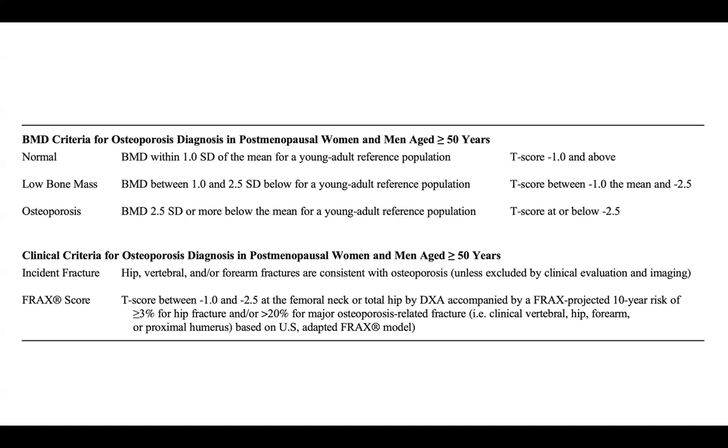So if you sustain a hip fracture, a vertebral fracture, or a forearm fracture, these are consistent with osteoporosis unless you prove otherwise. So automatically, these patients are diagnosed with osteoporosis unless you get a bone mineral density score and prove that it's not the case. You can also use the FRAX score to help with this as well. And this was really eye-opening for me to learn that we're probably underestimating how many of our patients are on their way to another fragility fracture.